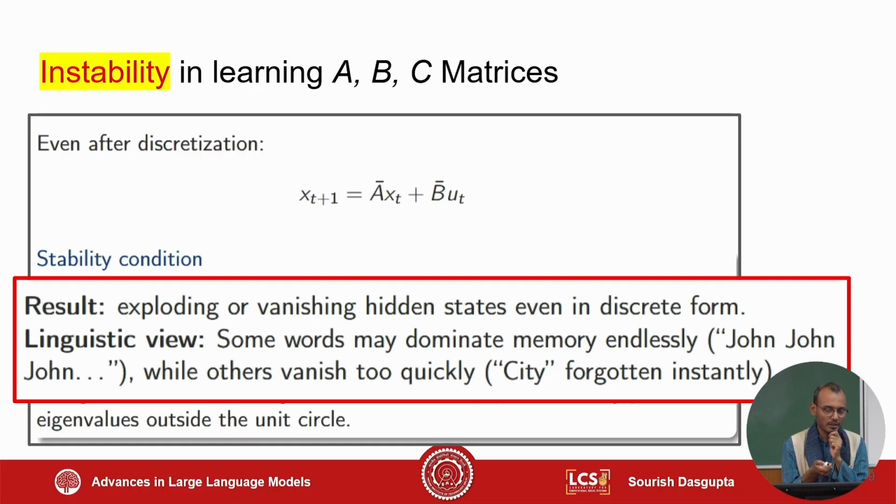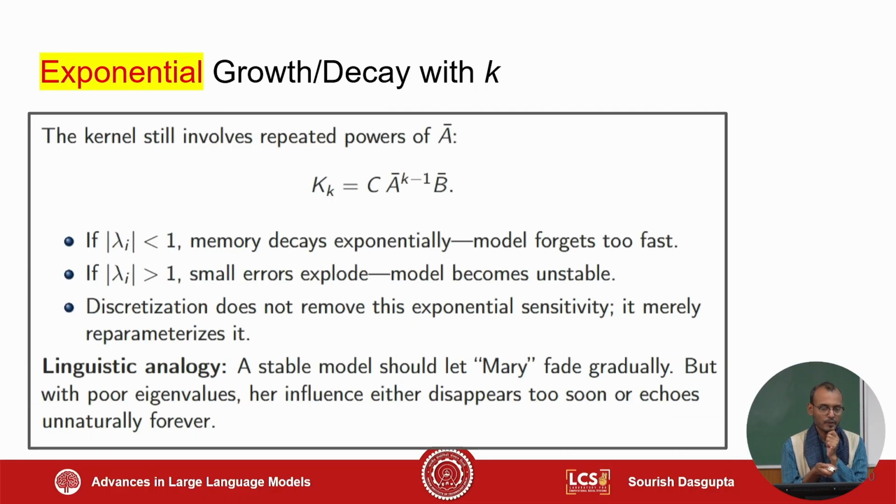That should not happen. The other problem is that even if lambda i is less than 1, the memory decays exponentially, because it's e raised to lambda i delta, multiplied by delta, right?